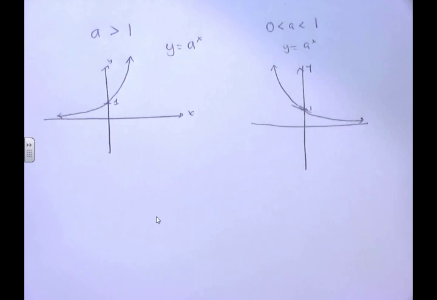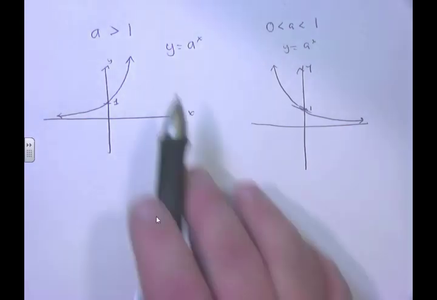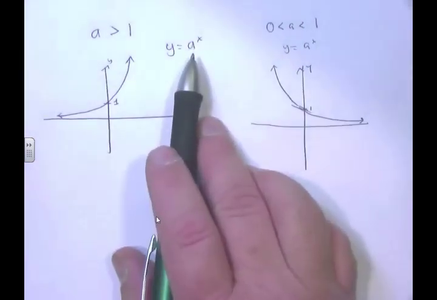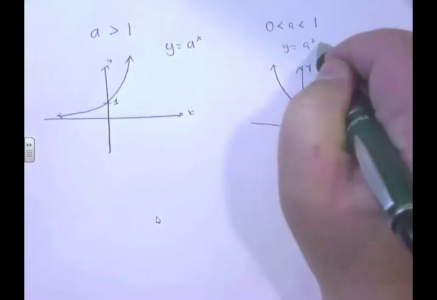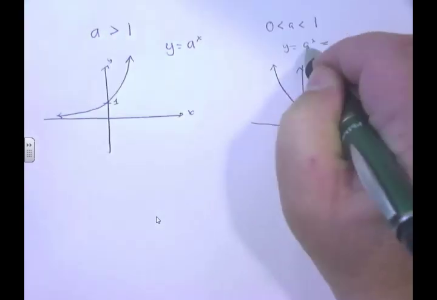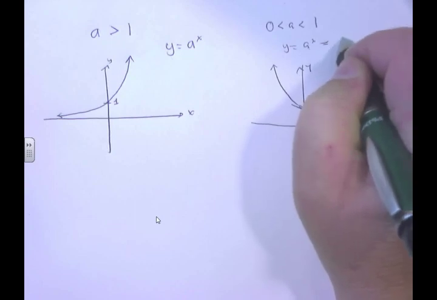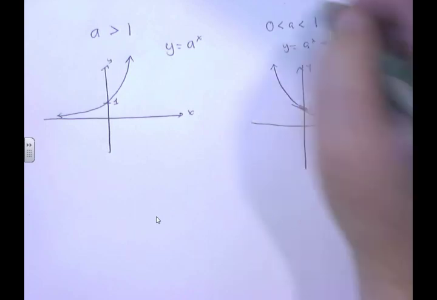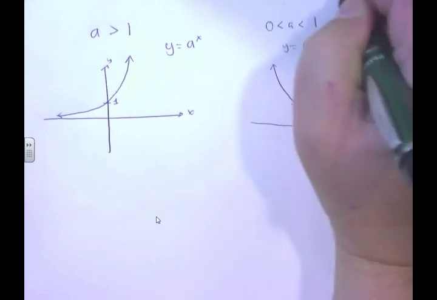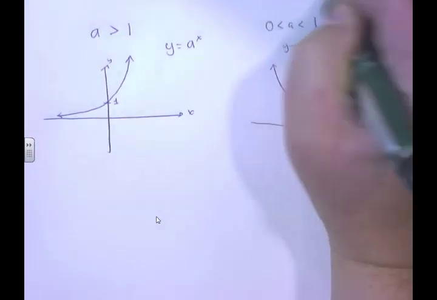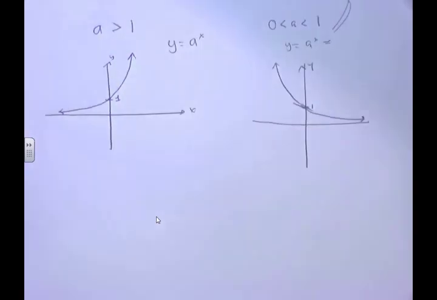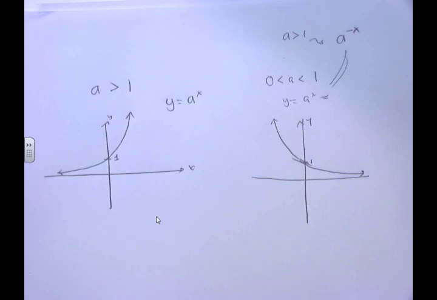The relationship between the two is this. The fact of the matter is that this graph here is the same thing as, remember, it's a fraction. So you can also view this as if a was greater than 1, it would be a to the negative x. Would be the same thing as a to the x when a is a fraction here. Let me explain why.